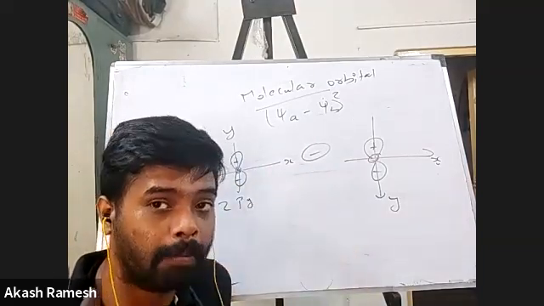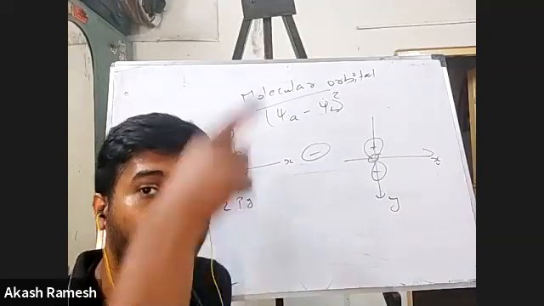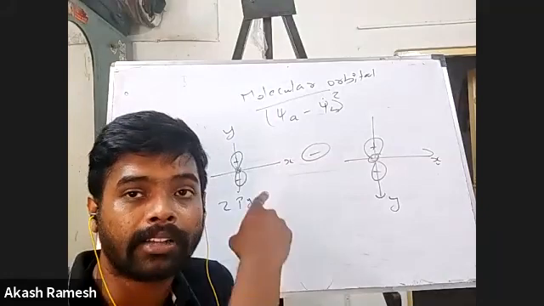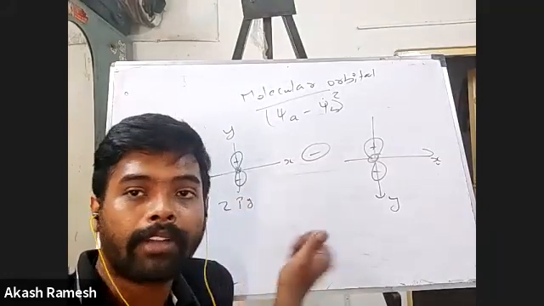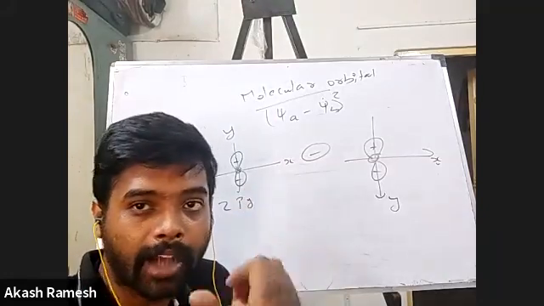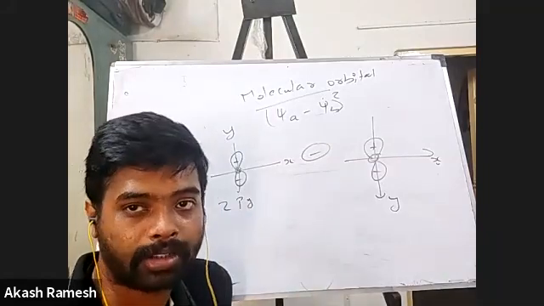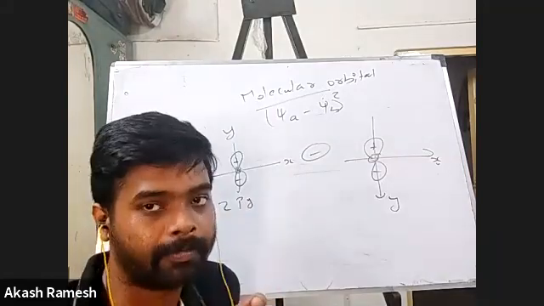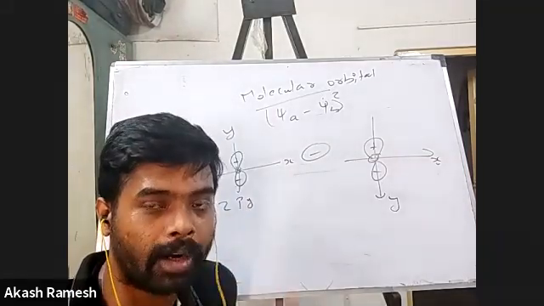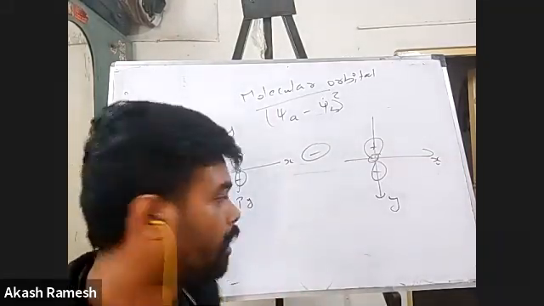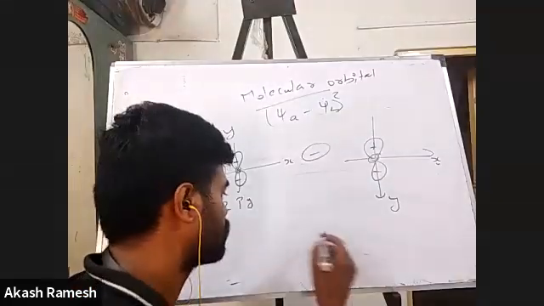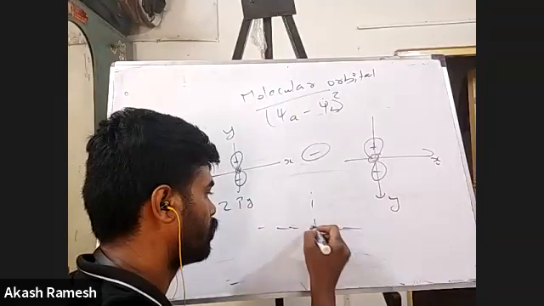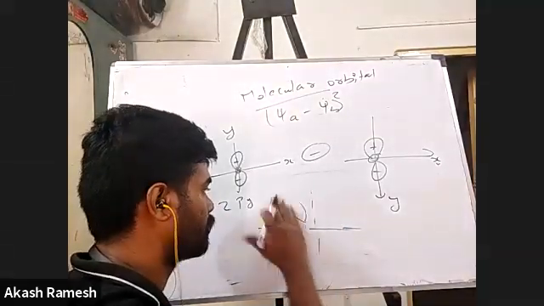Because of anti-bonding, one nodal plane perpendicular to the internuclear axis. And since it is a pi bond, I will have one along the internuclear axis also. There are going to be two nodal surfaces in pi star. Pi star means anti-bonding of pi. So how will the shape look? This is how the shape will look.